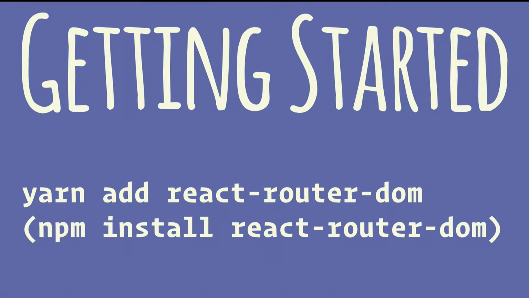To get started, yarn add react-router-dom, adds it to your package.json, and installs it, puts it in your node modules folder. We'll actually do this in a minute. So react-router-dom, because we are specifically using the web version of this thing, just as we add react-dom.